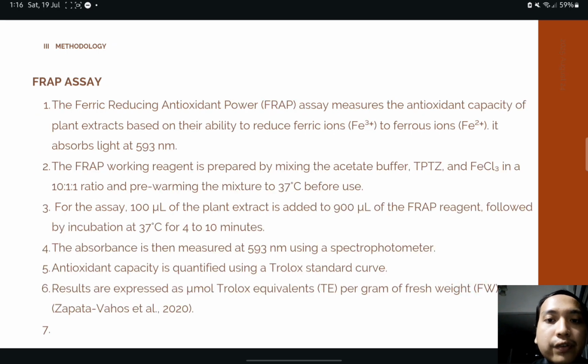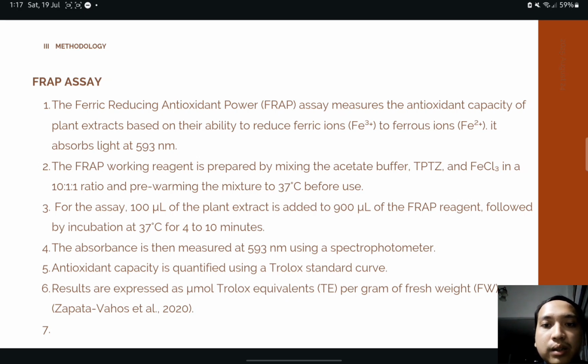Next slide is the FRAP assay. The FRAP assay measures the antioxidant capacity of plant extract based on the ability to reduce ferric ion. The FRAP working reagent is prepared by mixing acetate buffer, TPTZ, and ferric chloride in a 10:1:1 ratio, and pre-warmed to 37 degrees Celsius before use.